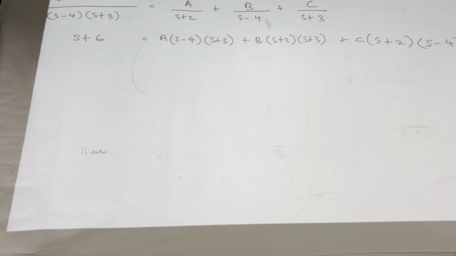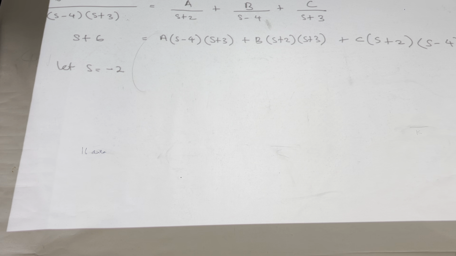So to solve for A, if we want to make B go to 0 and C go to 0, why not we set s equal to minus 2? If I put minus 2 here, minus 2 plus 2 is 0, so everything is 0. Here also 0. So let s equal to minus 2.